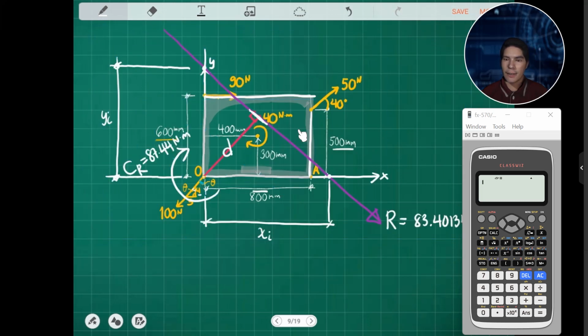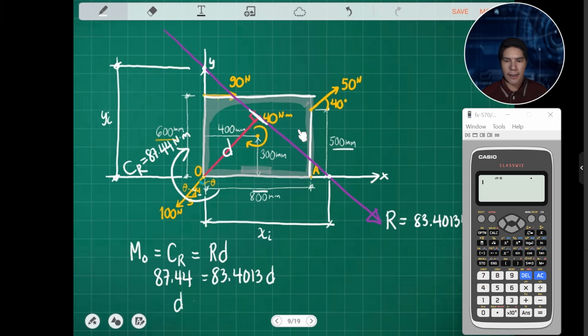Let me get the perpendicular distance d first because it is easier to compute. The formula is just the moment at O, which is equivalent to CR, the resultant couple. That is just the resultant multiplied by the distance d. So our CR is 87.44, and our resultant is 83.4013, times the distance.